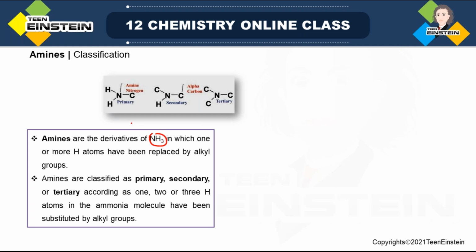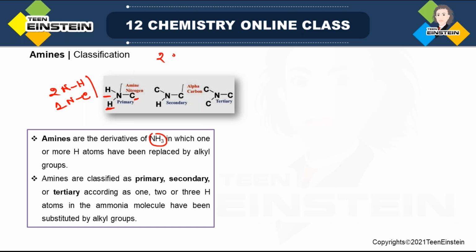If in any amine molecule you have 2 hydrogen attached to nitrogen and 1 C, now this C may be part of any alkyl group or benzene ring, but the important point is there must be 2 NH bond, and there is only one NC bond. So when this condition is fulfilled, you can consider this type of amines as primary amines, or you can also call it 1 degree amine.